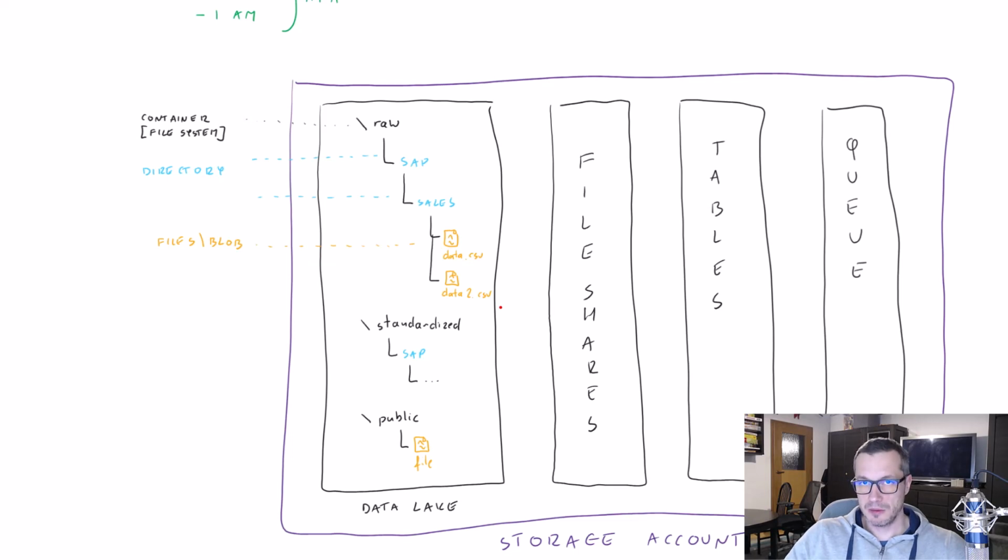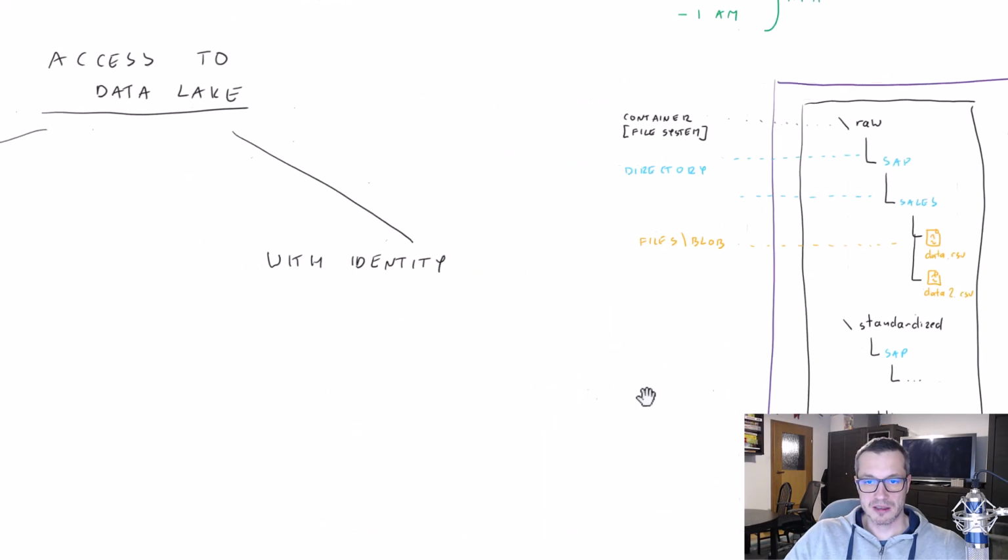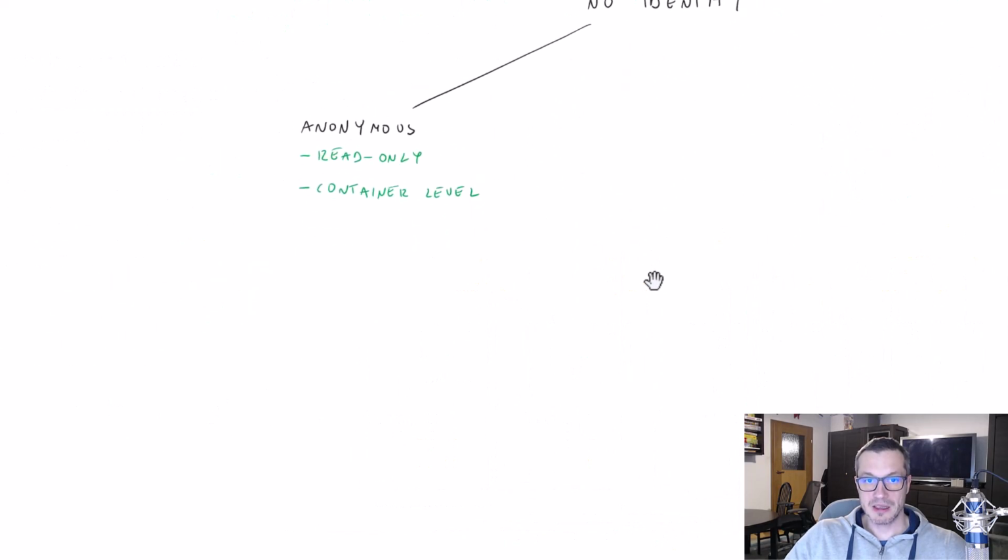It is not possible to be more granular than a container, like granting anonymous access to this particular file or to this sales directory. No, in the case of anonymous access, it is set at the container level.